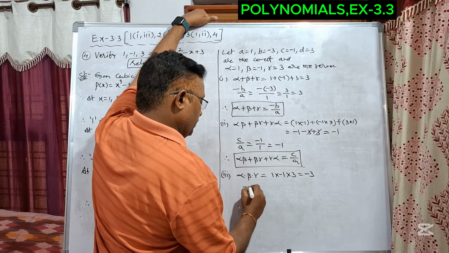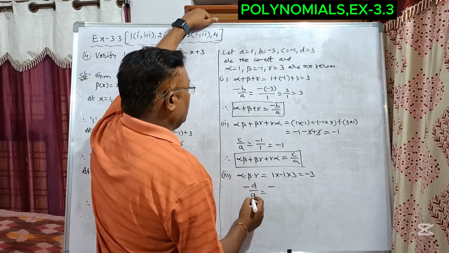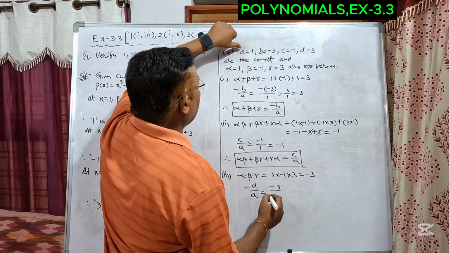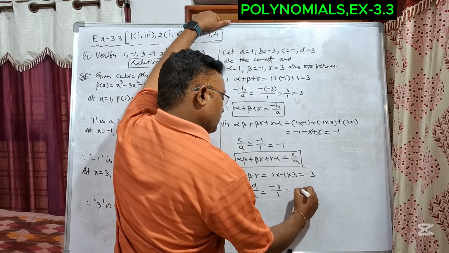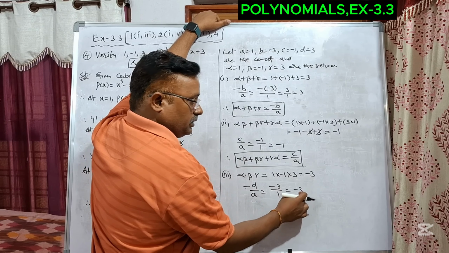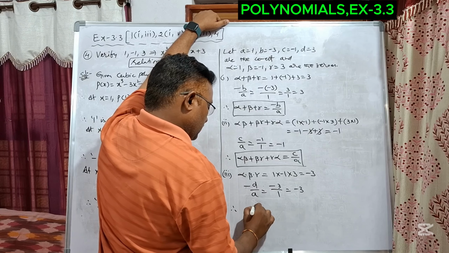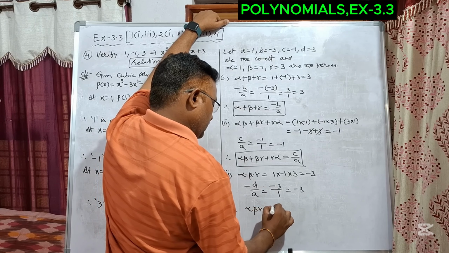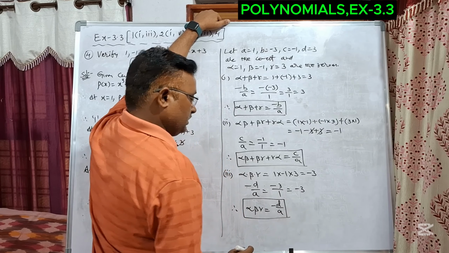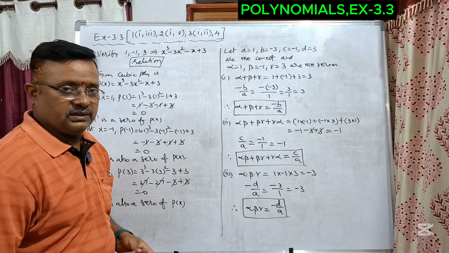Now d minus d by a is equal to minus in the formula d value 3 by a value 1, which is equal to minus 3 by 1 equal to minus 3. Here also we observe that both the numbers are same, both the answers are same. Therefore, we can conclude that alpha into beta into gamma equal to minus d by a. Okay, Nana? Right. So, third relation formula also verified by this.